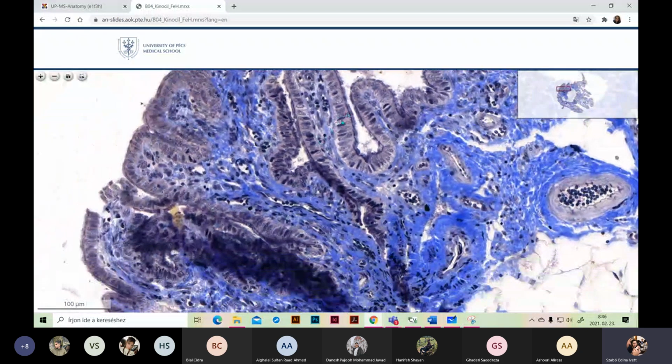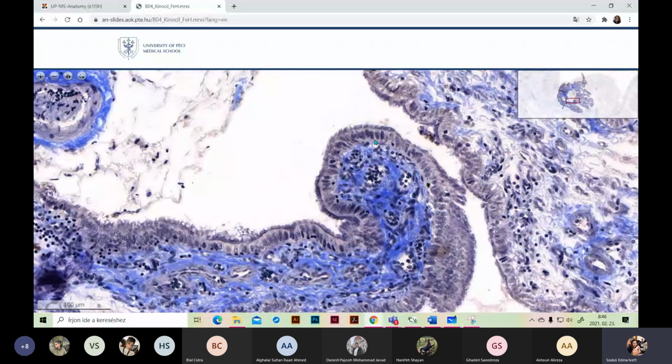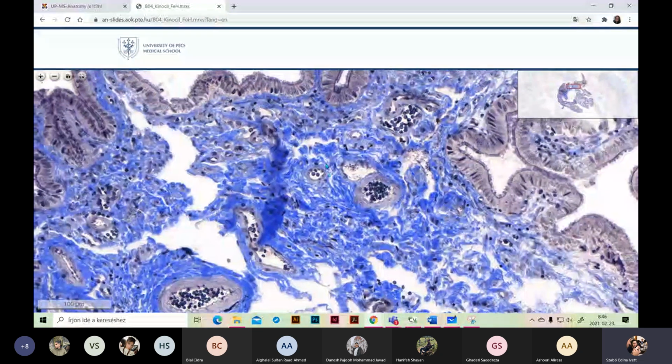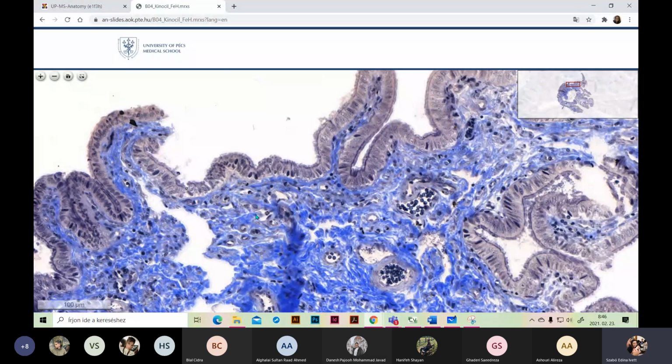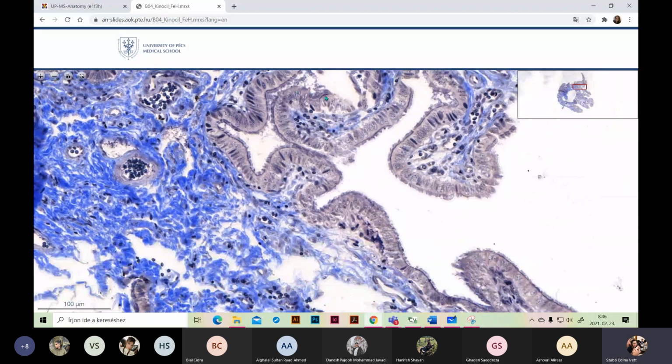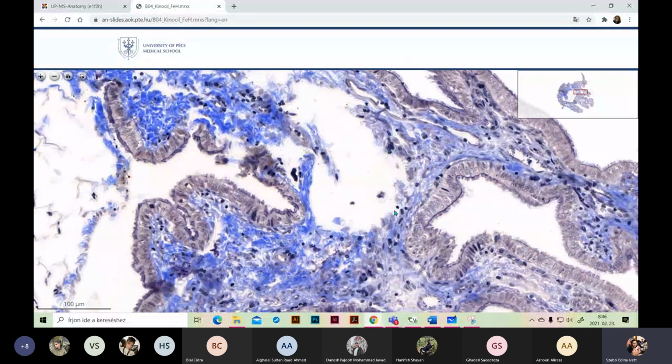And I would like to show you the PEG cells. I try to find a nice region where we can see them.